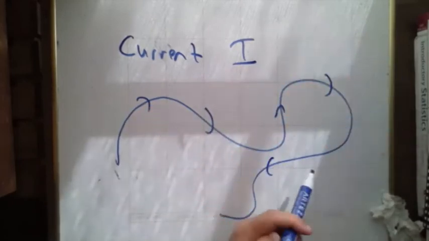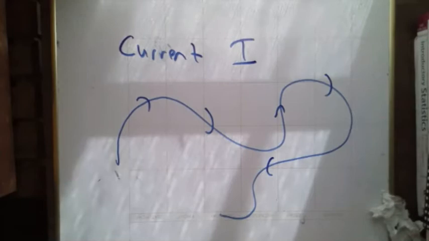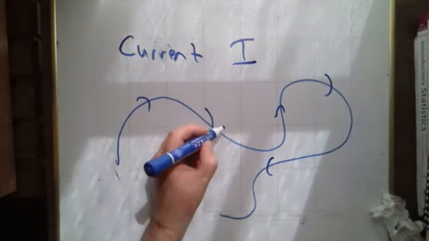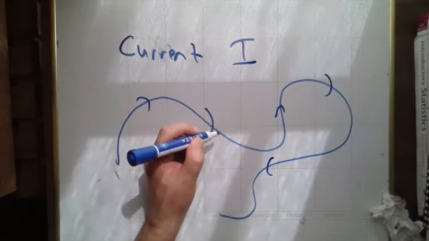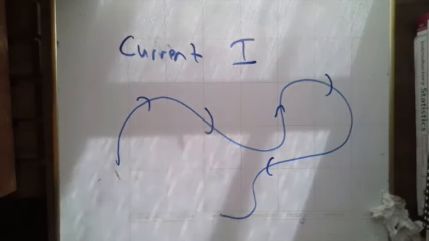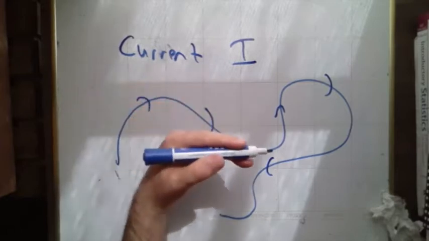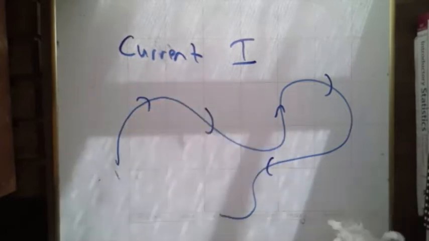I'll draw little arrows on there to show you which way the current is flowing. But current itself is just at this particular spot, how many charges are moving by per unit time. And then later we can stick an extra vector on top of that, but I itself is not a vector.